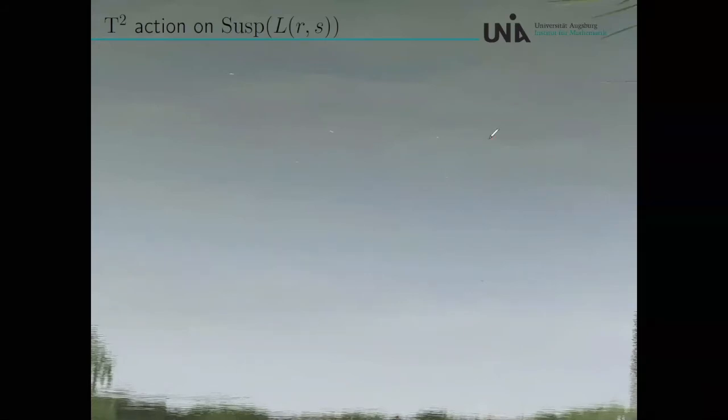Okay, the isotropy groups that we may have are Gx equal to T2 for fixed points. Gx could be GMN or GPQ, coming from the cohomogeneity one action that we have, and Gx is 1 for the principal orbits.